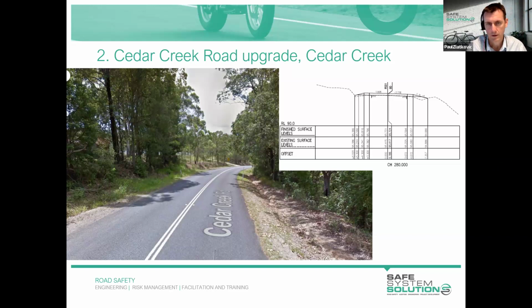You can see in the section that I've grabbed here, and I think I've lined it up with the photo, the terrain falls away from the road. There's a small embankment on this side, and it looks as though from the type section that the new road is constructed on top of the old road, so there might be some level differences during construction as the road is built up.